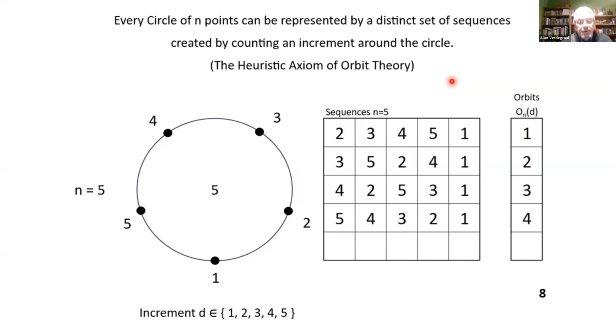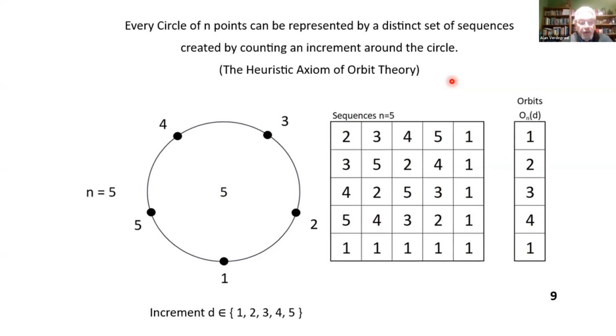And the last row is always going to be just all ones. And notice that over here, there's this separate column. It's called the orbit value. And that's the number of times we actually have to go around the circle before we end up back at the starting point.